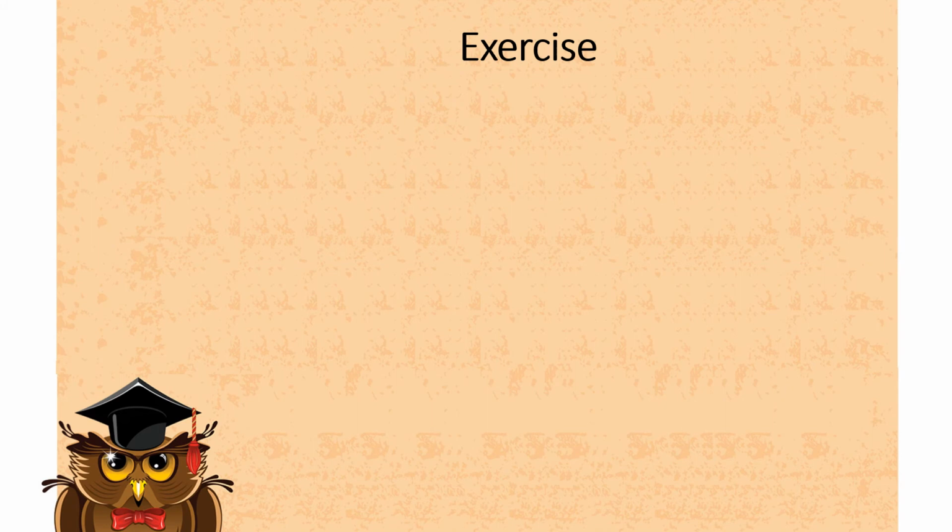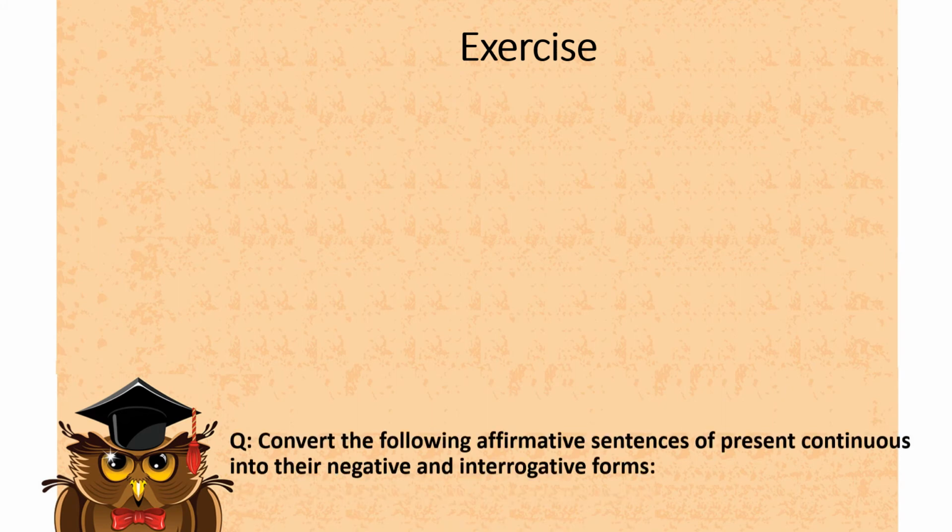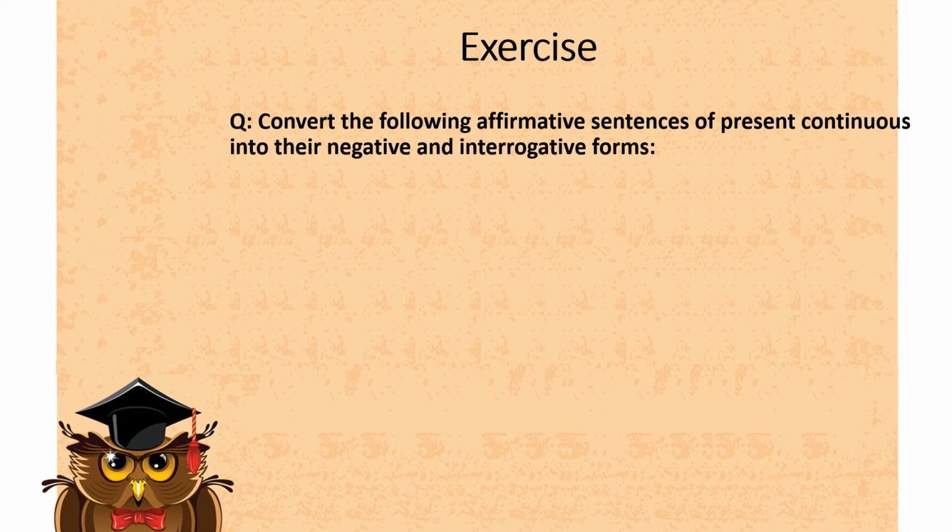I have got an exercise for you to understand and have a good grip on the topic. The question says, convert the following affirmative sentences of past continuous tense into the negative and interrogative forms. Here is your first sentence. She was saying something to me.